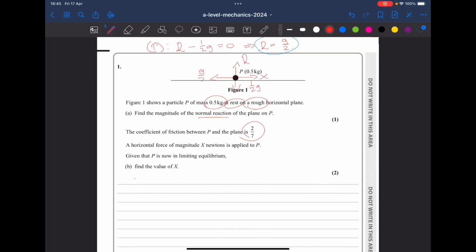And then the same idea. Let's resolve forces horizontally. Pulling us to the right is X. Pulling us to the left is g on 7. We're in equilibrium, so they equal 0, and therefore X must be g on 7. Lovely jubbly. That all looks good to me. Everything nice and simple in terms of g. That's what we like to see on these sort of questions.